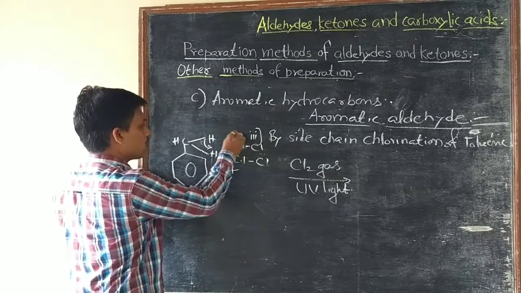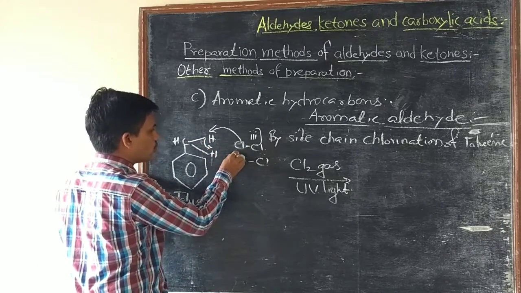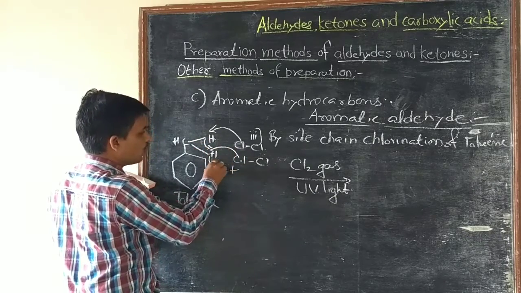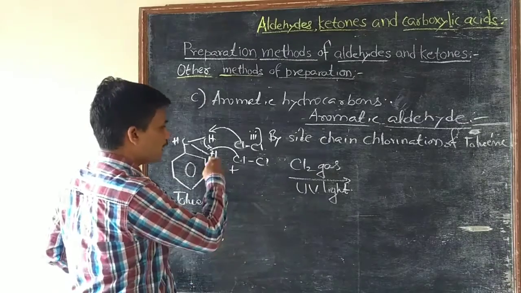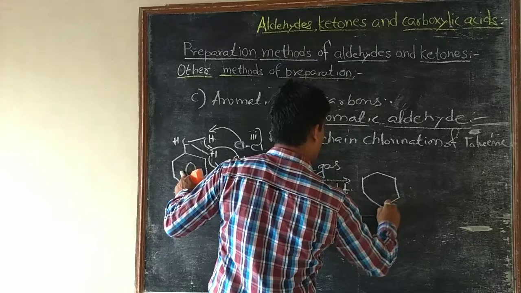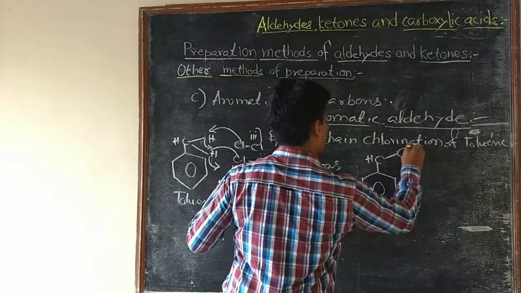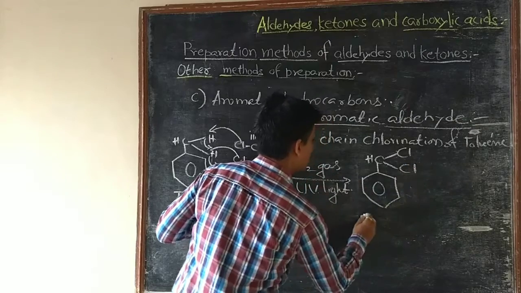That is substitution of chlorine in place of this hydrogen and substitution of this chlorine in place of this hydrogen to form its chloro-derivative, to form benzyl chloride.